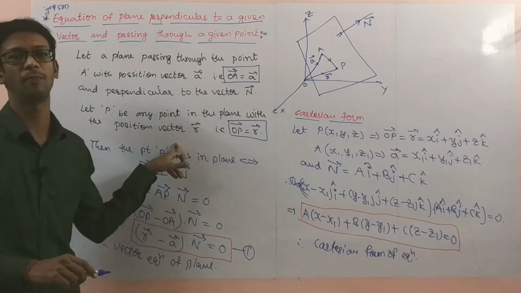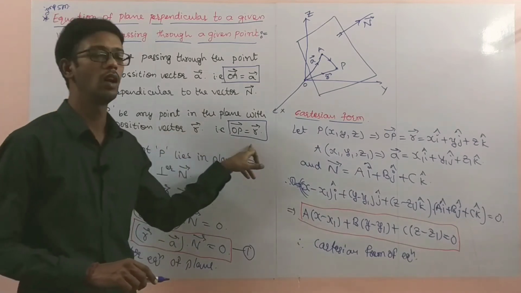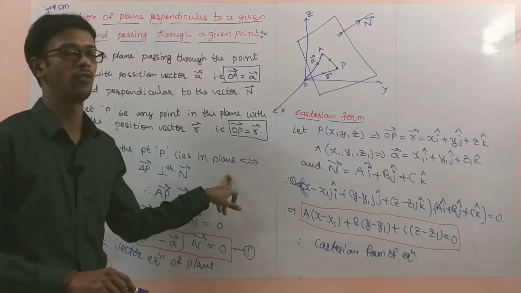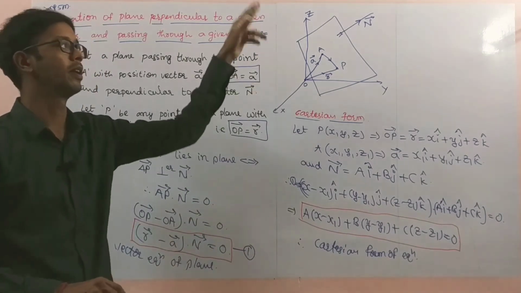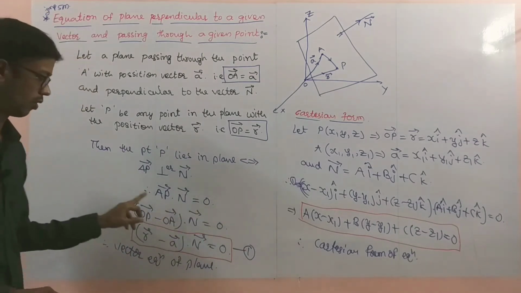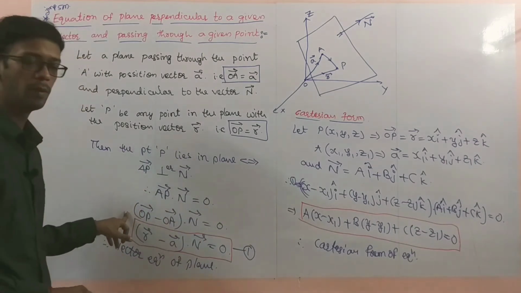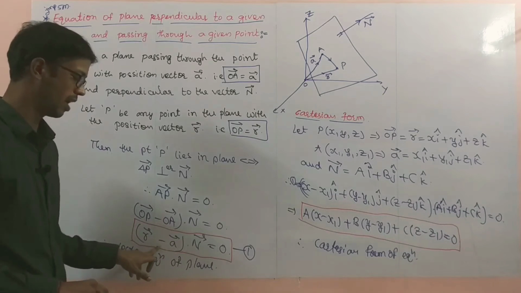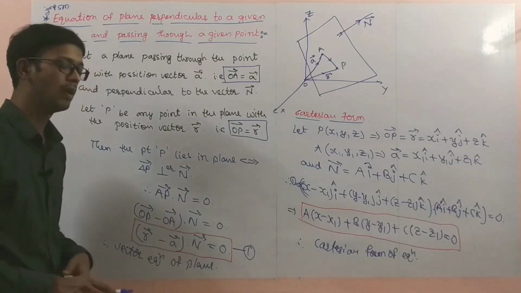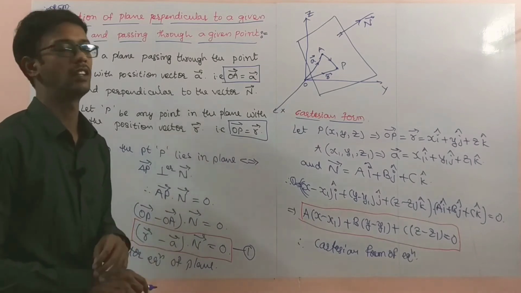Take any point P, OP bar equal to R bar. The point P lies in the plane if and only if AP bar is perpendicular to N bar, so the dot product is equal to 0. AP bar we can write as OP bar minus OA bar. R bar minus A bar dot N bar equal to 0. This is called the plane equation in vector form.